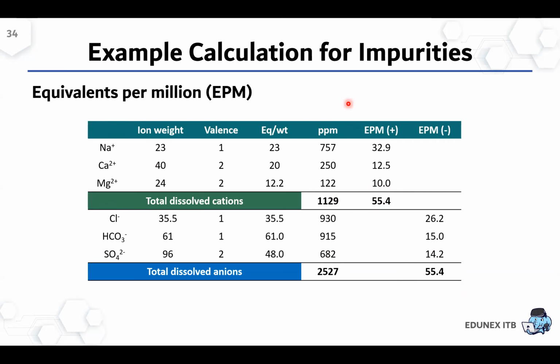I'm here. Why should the cation EPM calculation be the same as the anion EPM? Is it because they form an ionic compound? Yes, so the charges cancel each other out.